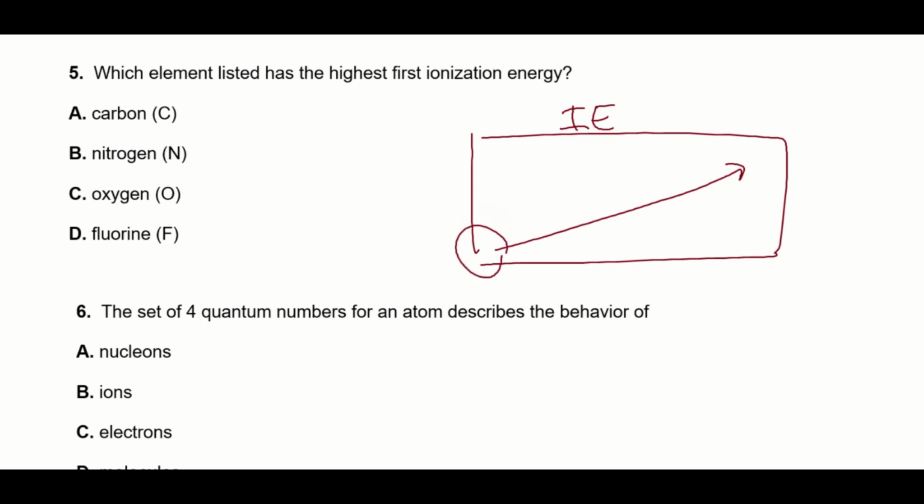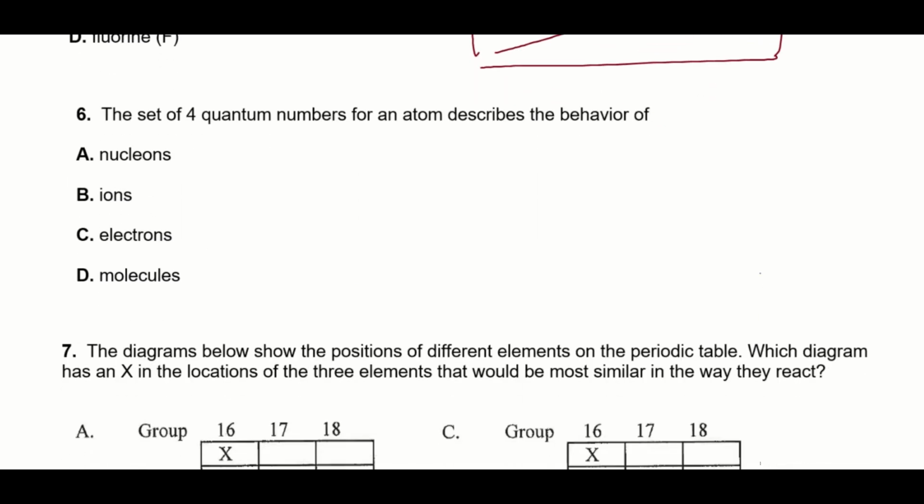And down here those electrons are farthest away. They're the most shielded from what they're attracted to, so they're going to require the least energy. All right, but in this case, the choices are all next to each other. We have carbon, nitrogen, oxygen, fluorine. So fluorine is going to be the answer. It's going to require more energy to remove fluorine's outer electron than the other choices there.